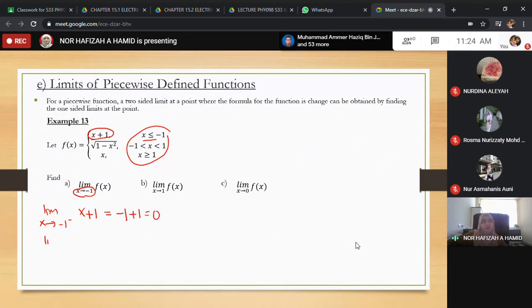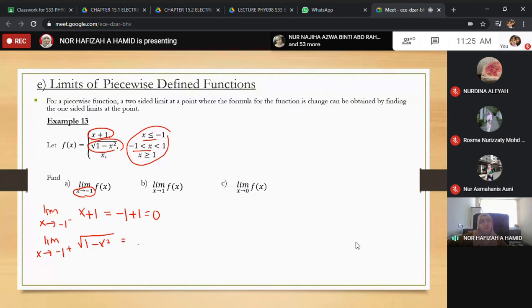Okay, so next limit x approach to negative 1 plus. So negative 1 plus, you kena choose function for greater than negative 1. So function yang number 2. Sebab kalau you tengok range dia is x ni greater than negative 1. Okay, so saya choose the second function.